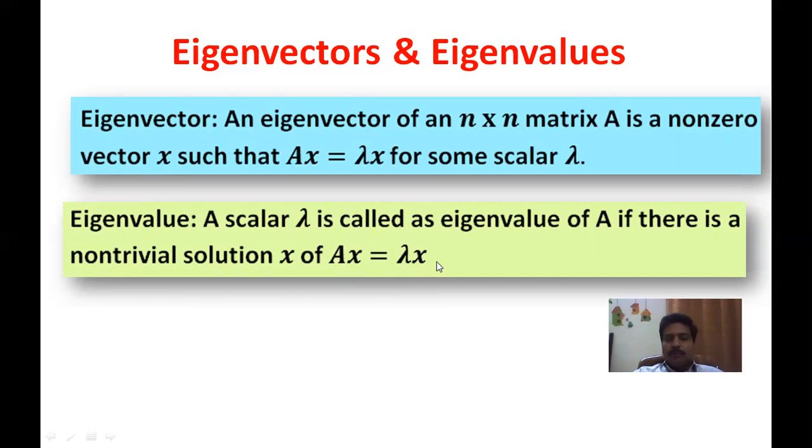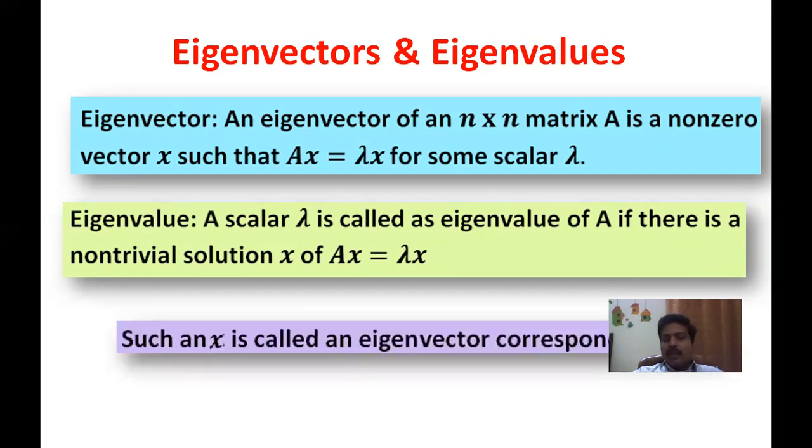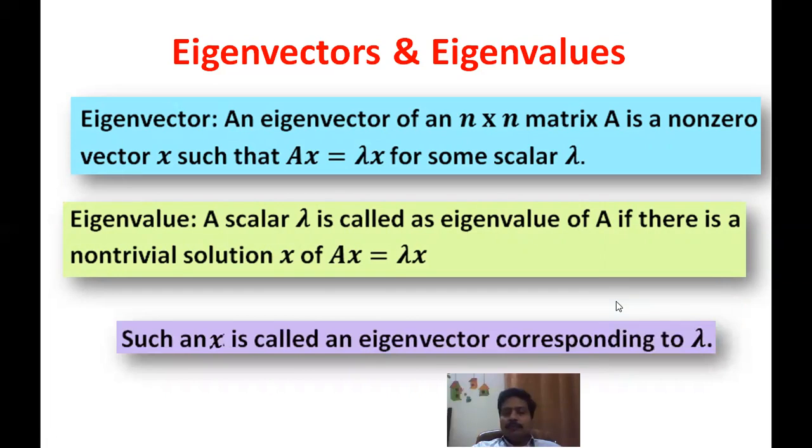Lambda can be 0, but x should not be zero vector. For example, for A if we can find a vector x such that Ax is equal to 2x, then we can say that 2 is an eigenvalue if that x is not a zero vector. So such an x is called an eigenvector corresponding to lambda.